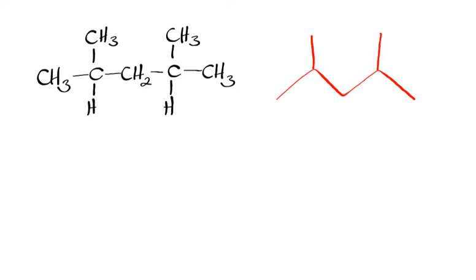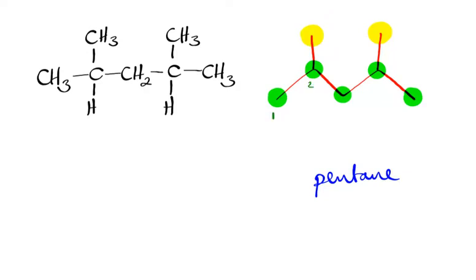So the longest carbon chain is 5, which makes this a pentane, and then we've got 2 methyl groups highlighted there. So where do the methyl groups appear? Well, we have to go through numbering the carbons. So we have one methyl group on the second carbon, one methyl group on the fourth carbon. So this is 2,4-dimethylpentane.